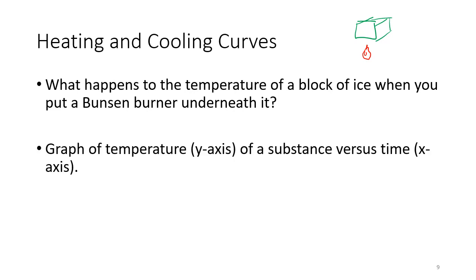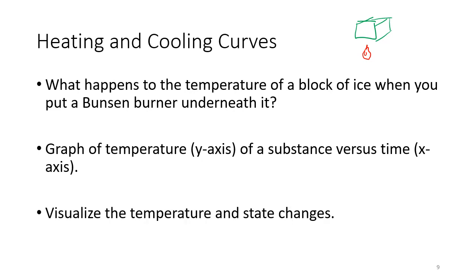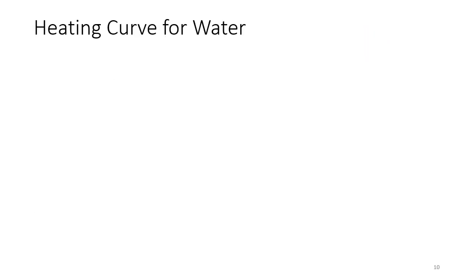Let's make a graph of temperature on the y-axis versus time on the x-axis, so we can visualize the temperature and the state changes that our block of ice will undergo. This is going to be called the heating curve, and we're visualizing it for water right now.